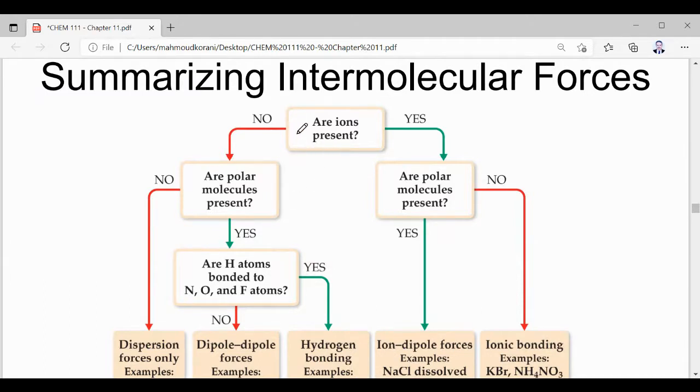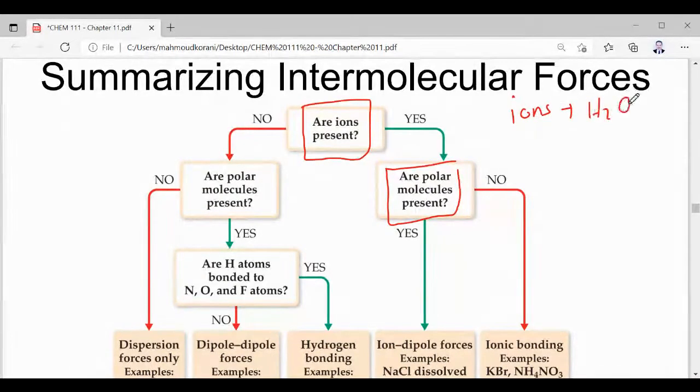To know that, just ask yourself a question: are ions present in the mixture? Yes or no? If yes, you have ions. Then ask yourself another question: are polar molecules present with those ions, for example water?